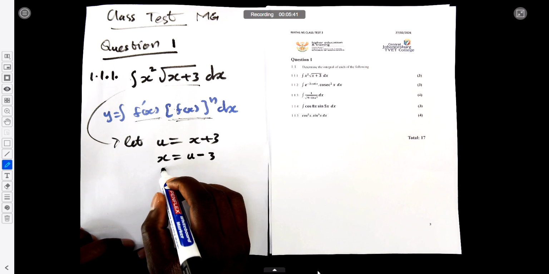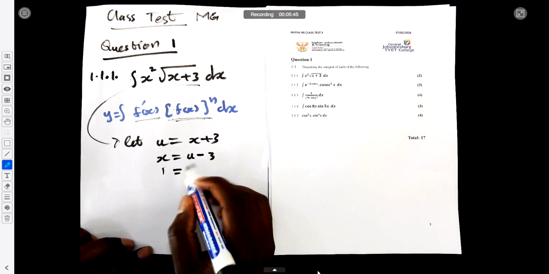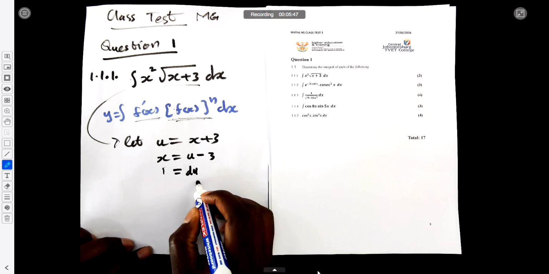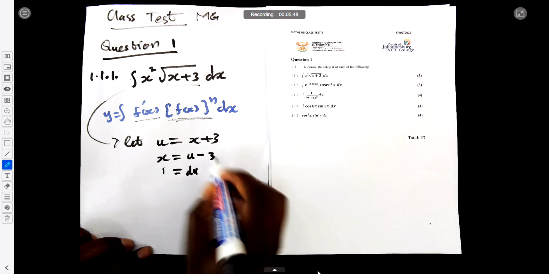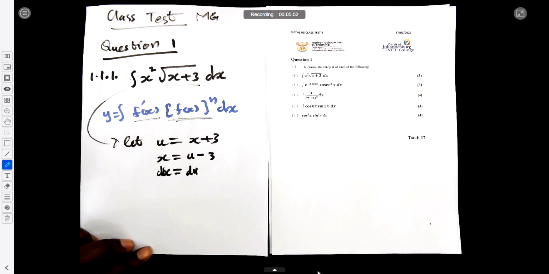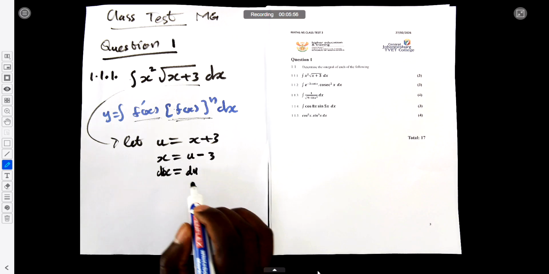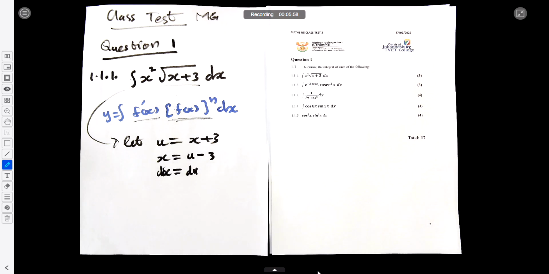So we're going to have 1 equals the derivative of u in terms of x, which is du over dx. The derivative of a constant is 0. I said the other day, multiply the right hand side by dx, so we're getting rid of dx here. It's not that the derivative of x is dx, we just multiply by dx.